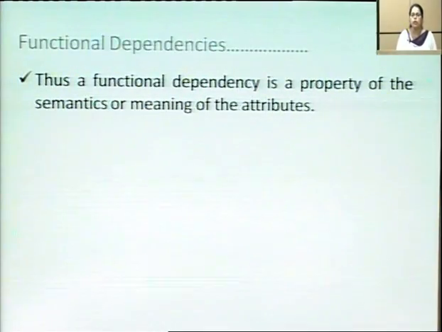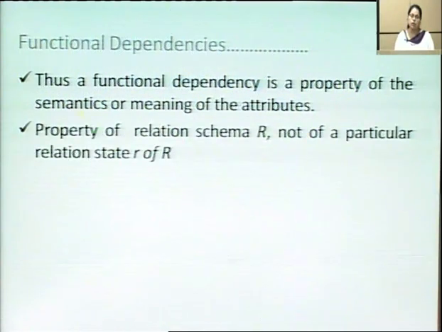Thus, now we can deduce that a functional dependency is a property of the semantics or meaning of the attributes. It is a property of the relation schema, not of a particular relation state.